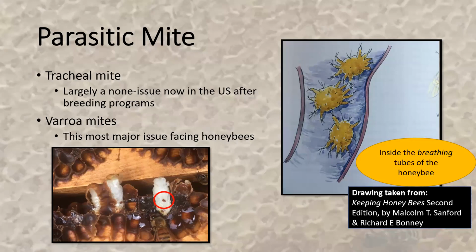So this is a photo taken from the book and how they kind of lodge themselves into the breathing tubes. There's still treatment and medications that exist out there that are being sold for tracheal mites. And so the reason why I'm bringing it up is there just needs to be a sense of caution.